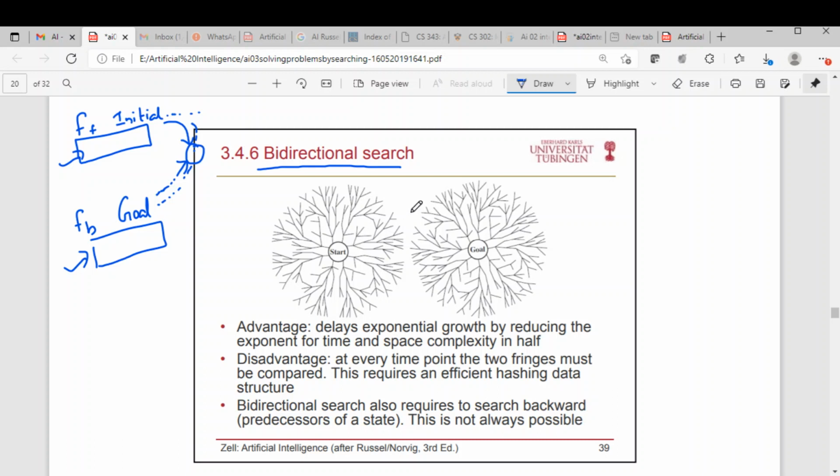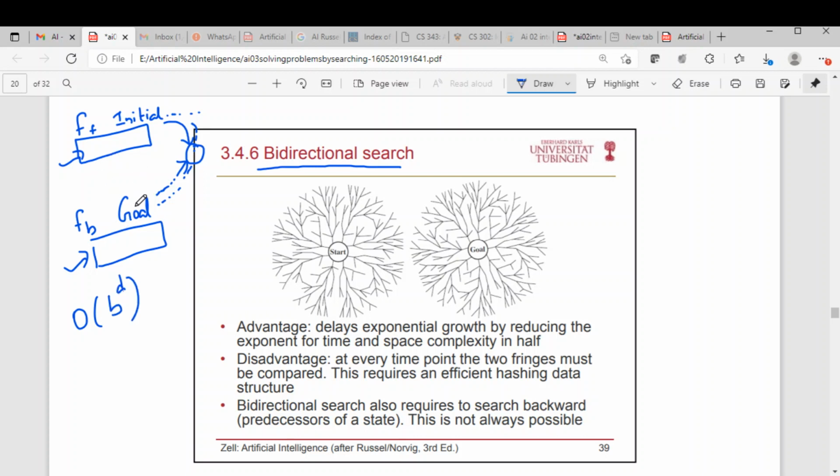So why are we doing this? Is there any advantage? Yes, there is. The worst case time complexity of BFS and DFS is order of b to the power d.